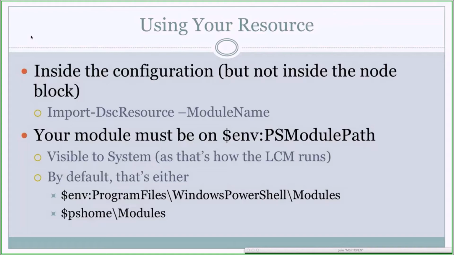There's a November roll-up out there that fixes a bug, because PowerShell v4 out of the box will only look in these two locations. It won't look anywhere else in PSModulePath. But it's fixed in 5. It's fixed in that November roll-up, or December roll-up, one of the two.